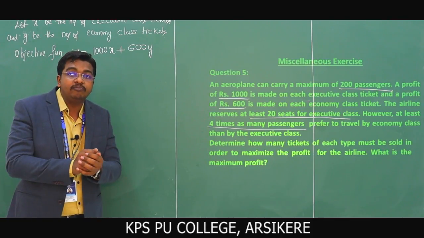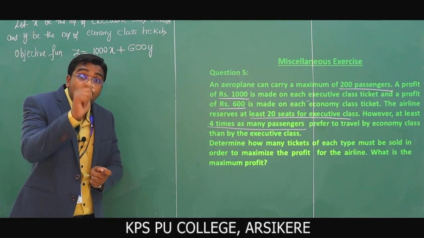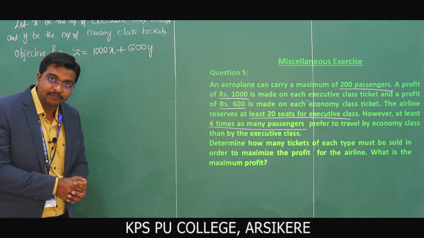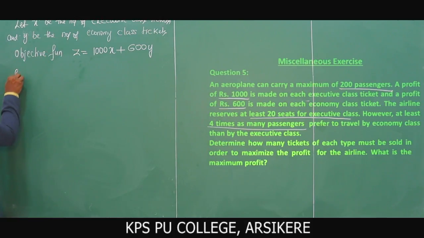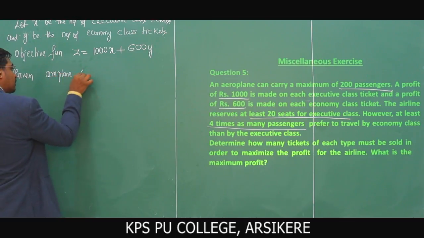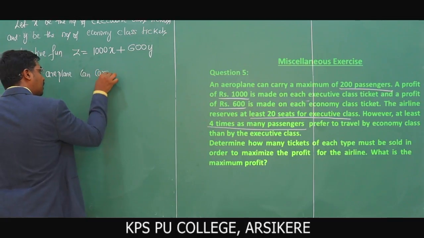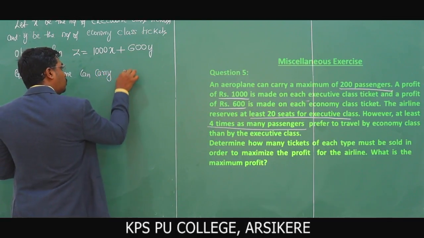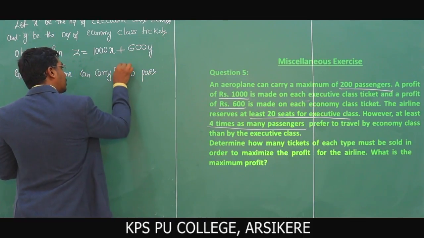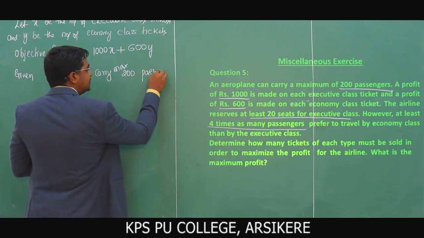The total number of passengers cannot exceed 200 because the available space is 200 passengers. Clear?